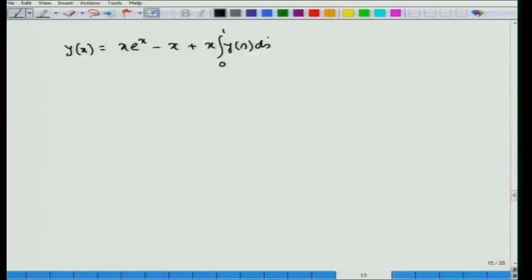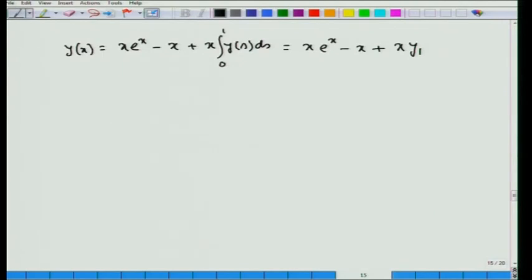So, with our notation, this is equal to x e^x - x plus x y_1. That means this x y_1 is actually the contribution from the expression lambda times the sum over r from 1 to n of y_r p_r(x).